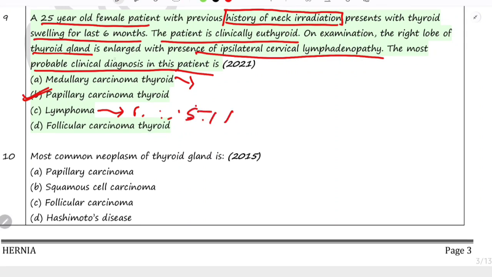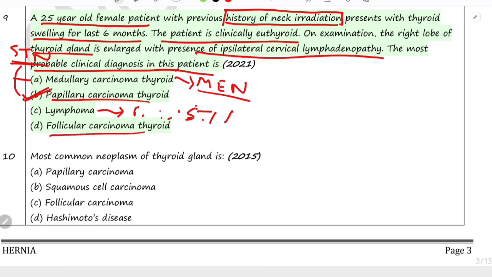So this case is a solitary thyroid nodule like presentation, which can point us towards medullary or papillary. In medullary, there must be presence of other symptoms which point towards the MEN syndrome, but it is not the case here. Hence, papillary carcinoma thyroid is the correct option.